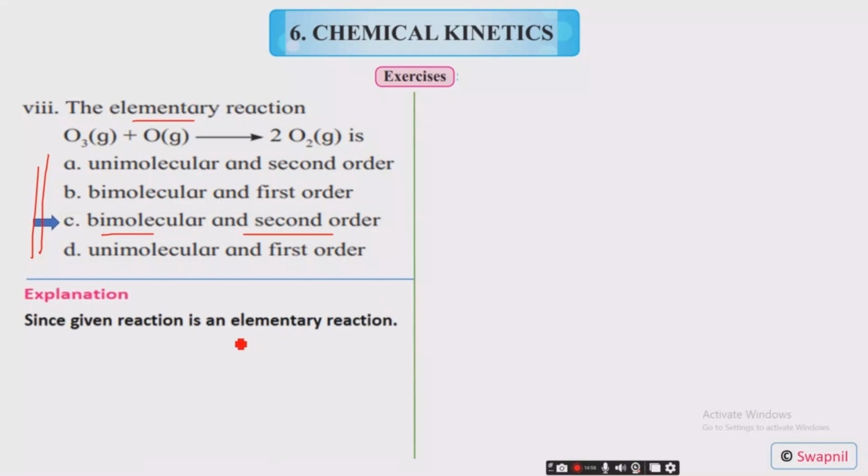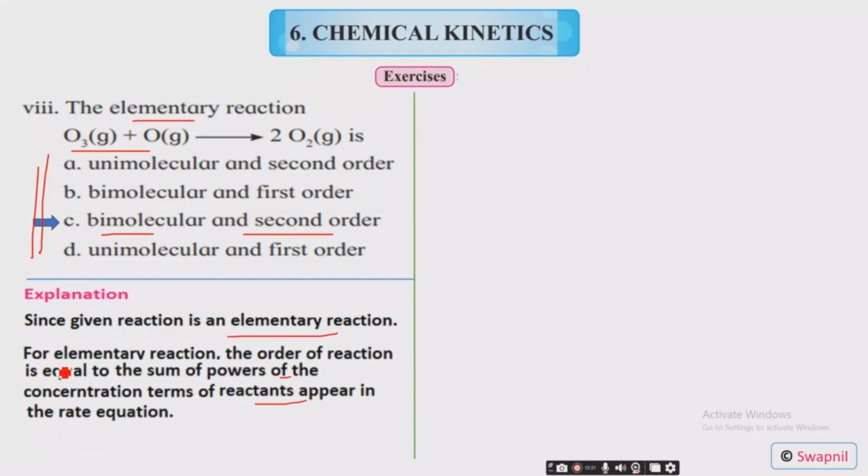Since the given reaction is an elementary reaction, we know that for an elementary reaction the rate is directly proportional to the molar concentration of the reactant raised to their stoichiometric coefficient in the balanced chemical equation. So for an elementary reaction, the order of reaction is equal to the sum of powers of the concentration terms of the reactants appearing in the rate equation.